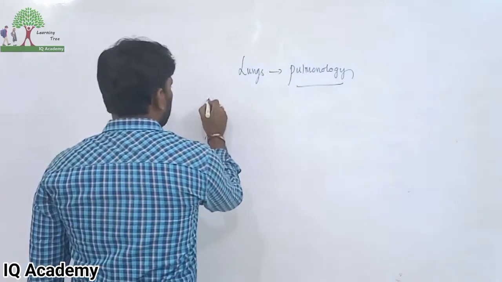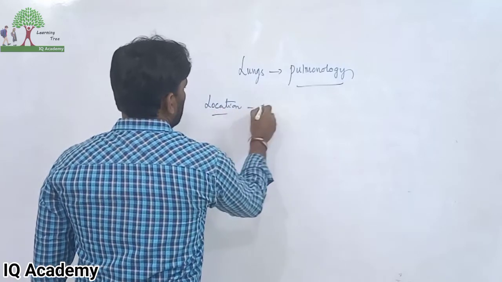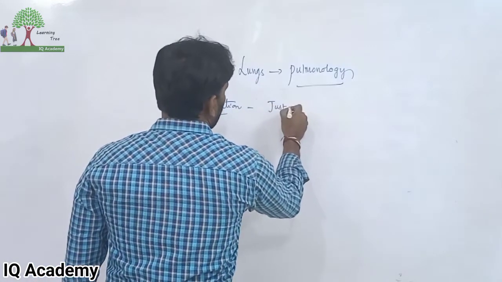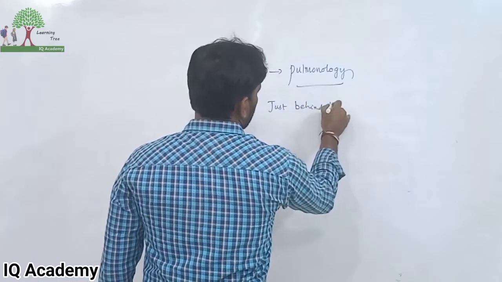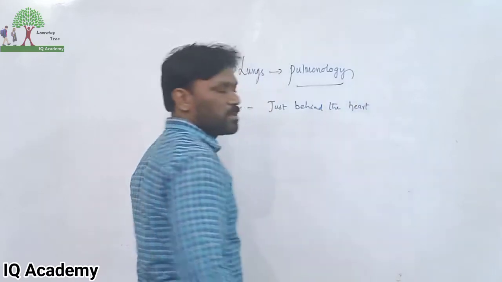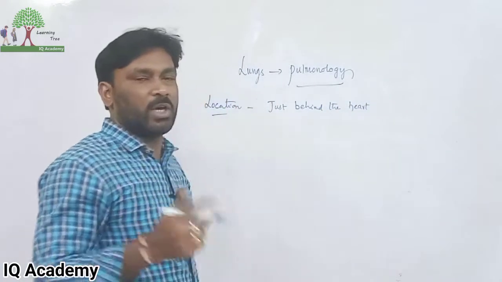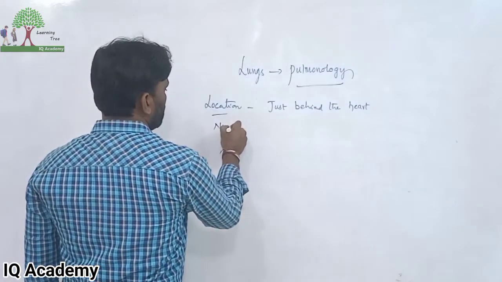And location, lungs location: just behind the heart. Two lungs are present. How many? Two in number.